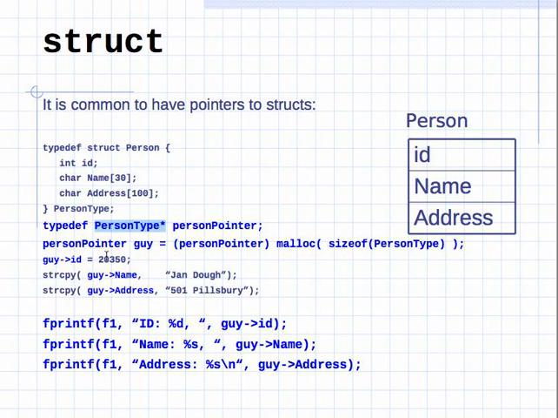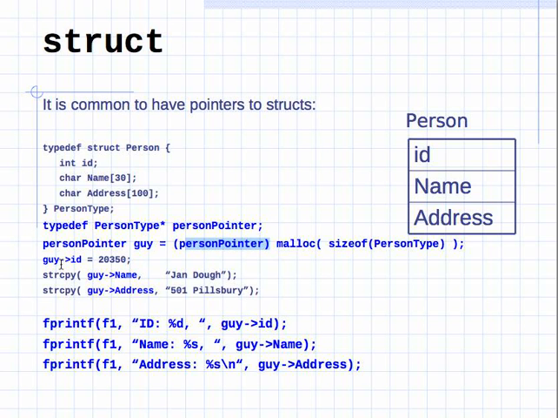So now we can say guy is going to be a pointer, and we can use malloc to allocate dynamically from the heap. Remember that whatever malloc returns, you have to typecast into whatever type you have on the left hand side. So this is person pointer, so we cast it as person pointer, and everything is fine. Now we have to use the pointer notation.